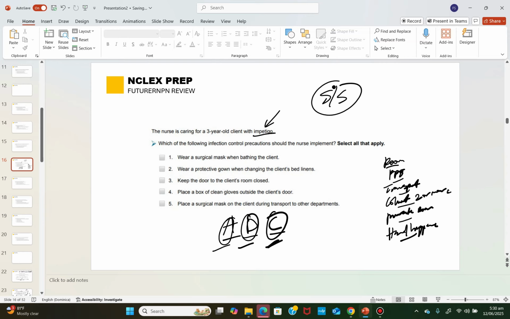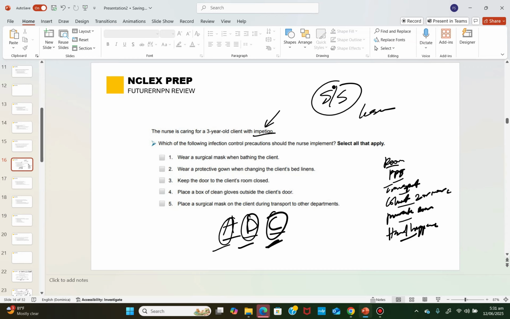NCLEX might describe that infection using the signs and symptoms. You should be able to recognize that that is a contact infection. For a skin infection, NCLEX might just use something like lesion. You should not start thinking, okay, this will be related to what?